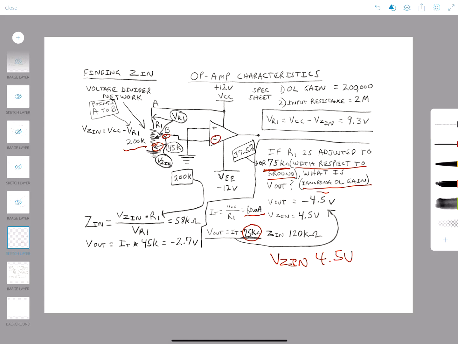So after it's inverted on the output, we're going to get that negative 4.5 volts.